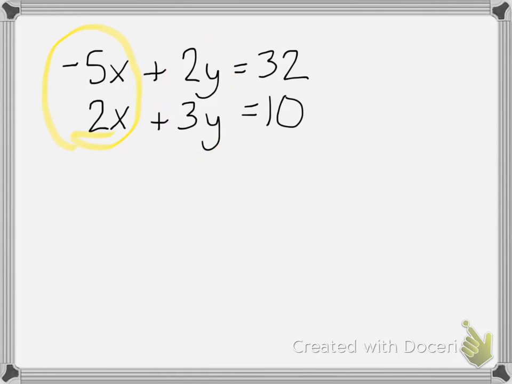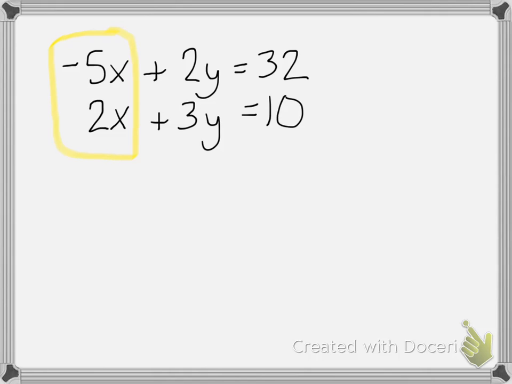But what I can do is multiply both equations so that something matches. So just look at the x's or the y's, and again, it's whatever you choose. I'm going to choose the x's. I can't change the 2 into a 5 or the 5 into a 2, but what I can do is change them both into a 10.